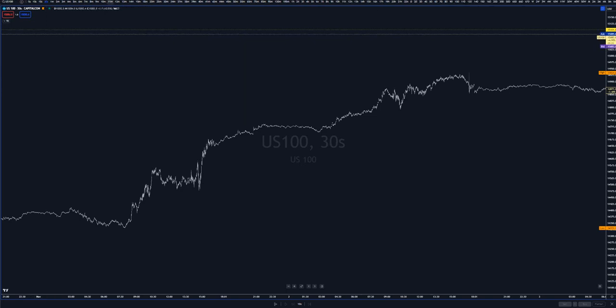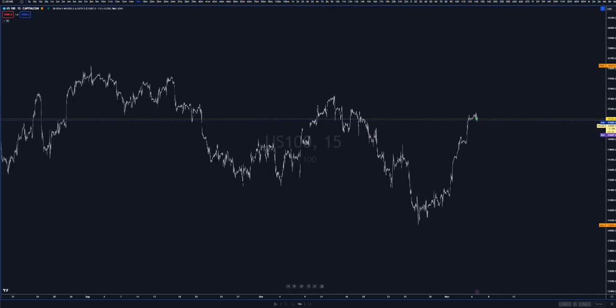We go to the 15-minute chart, and we see the latest move of NASDAQ during the last days. But if we look more closely, we see that on the 15-minute chart, the highs are decreasing.